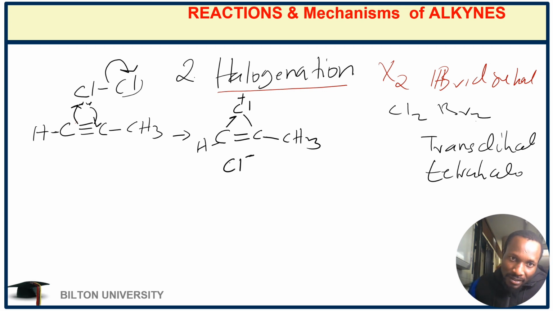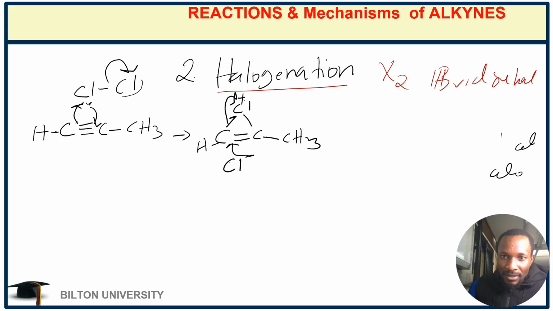What happens next is that this bond will break and donate those 2 electrons to this chlorine atom, making this chlorine atom the nucleophile that attacks the pi bond, and that's going to give us a new structure, or it's going to give us a trans dihalide, which looks like this.